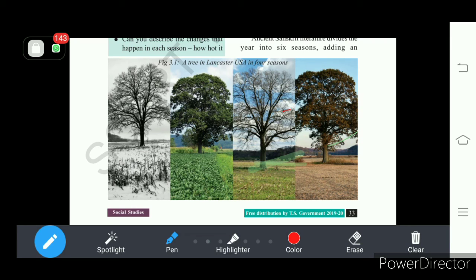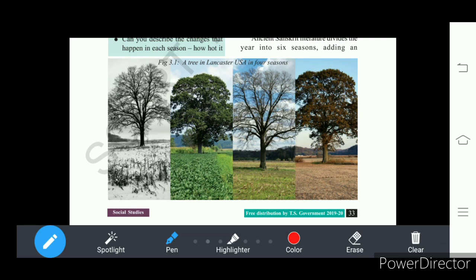So the countries which are far from the equator will experience a cold season for much of the time, right? During winter, we see snowfall in America. In the summer months in America, it will be cold, right?